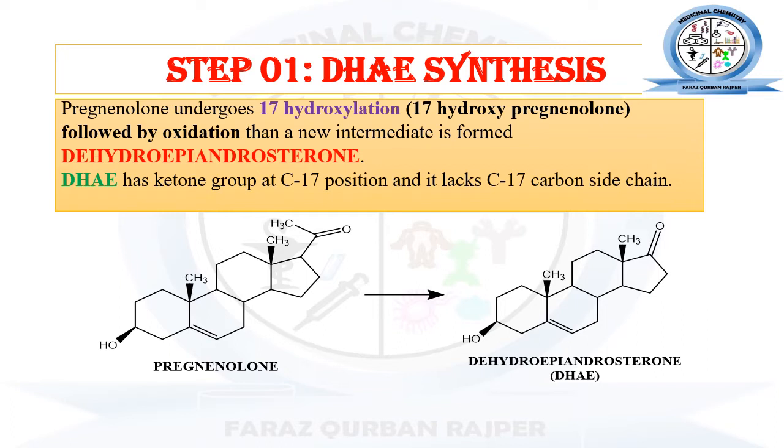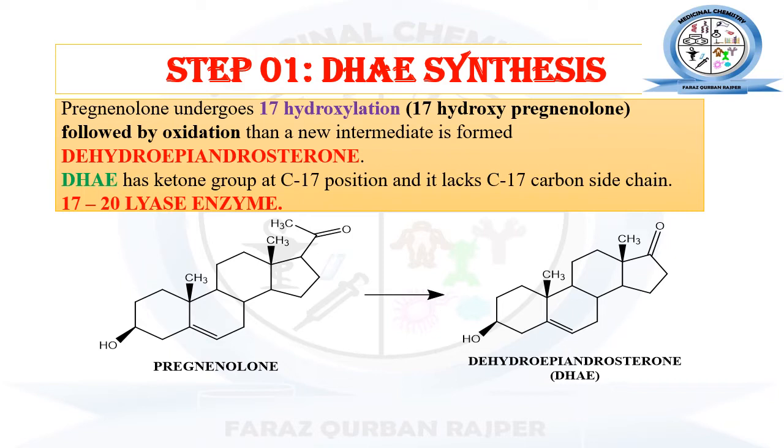First, it will be converted into an intermediate product, where hydroxylation takes place at the pregnenolone ring nucleus. The hydroxylation takes place at the C17 position, and now pregnenolone is converted into 17-hydroxypregnenolone. 17-hydroxypregnenolone is the intermediate product.